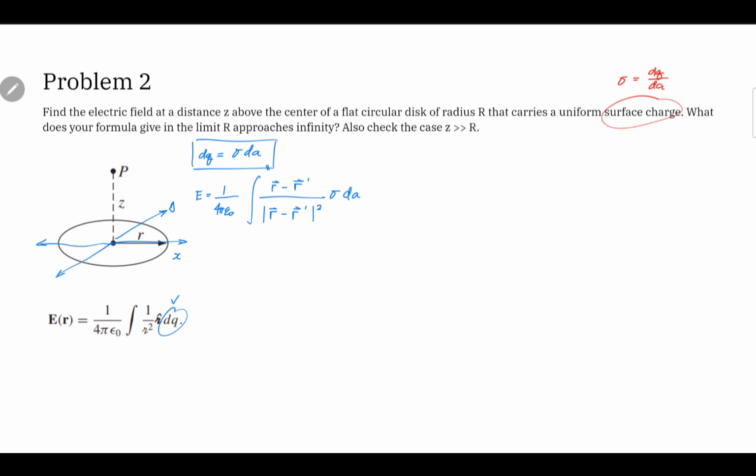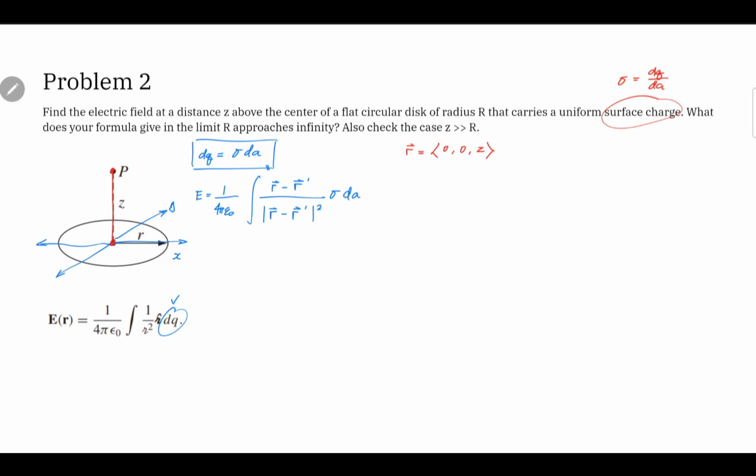Remember that vector r is the distance from your origin to your observation point, in this case observation point P. From the figure alone, we know that vector r is simply going to be 0, 0, and z.